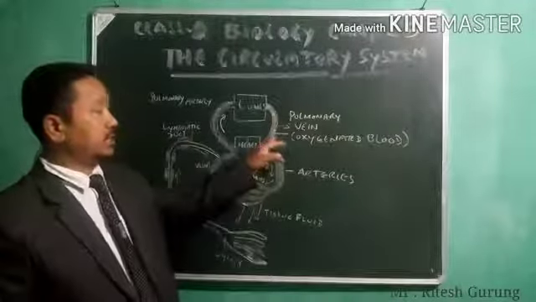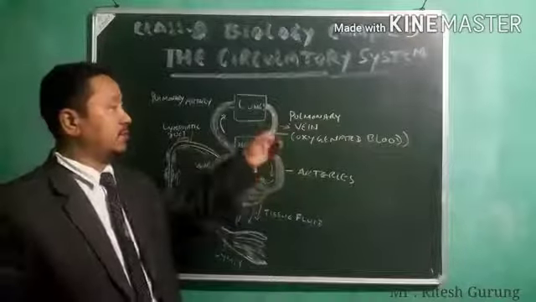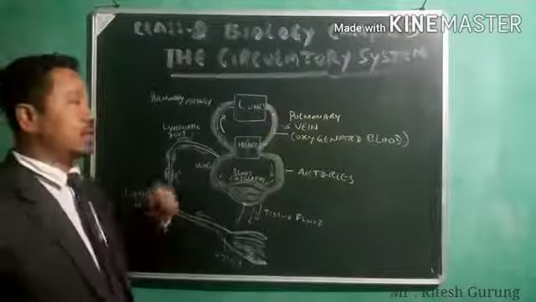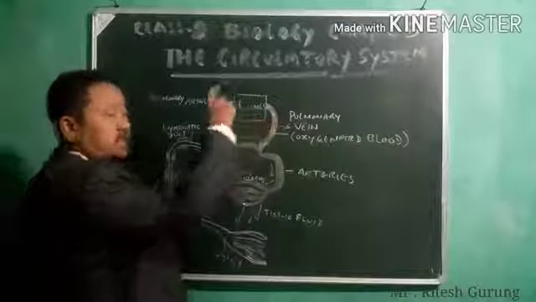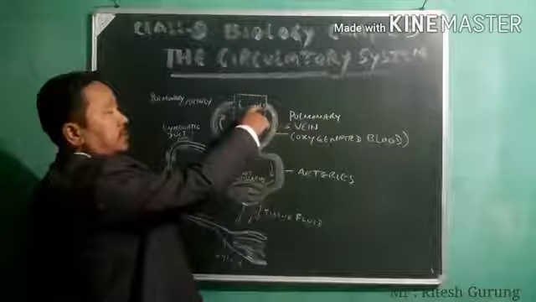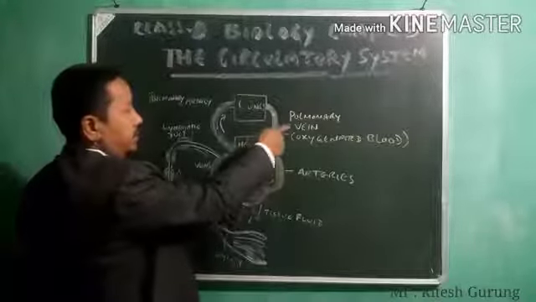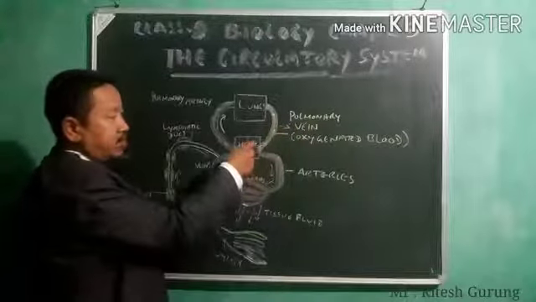See here, this color indicates that the blood which is flowing out is pure blood or oxygenated blood. Oxygenated blood means blood rich in oxygen. After the purification it is coming from the lungs by the pulmonary vein into the heart.